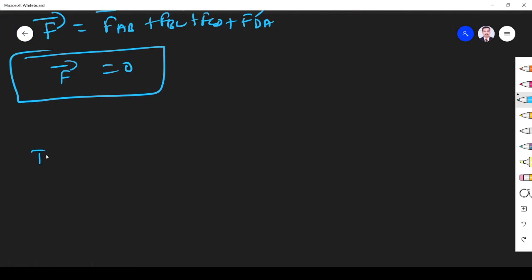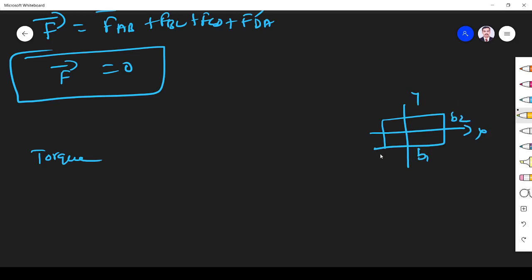The loop is like this, with X, Y, B1, B2, and as usual A, B, C, D. What is the torque formula?